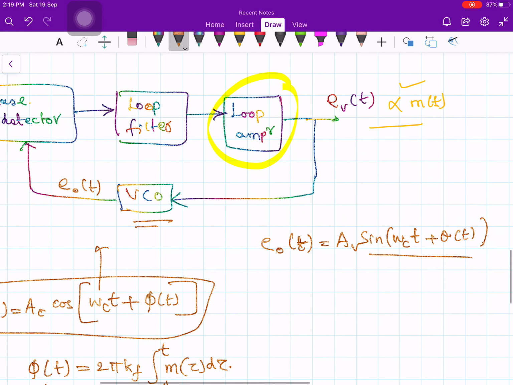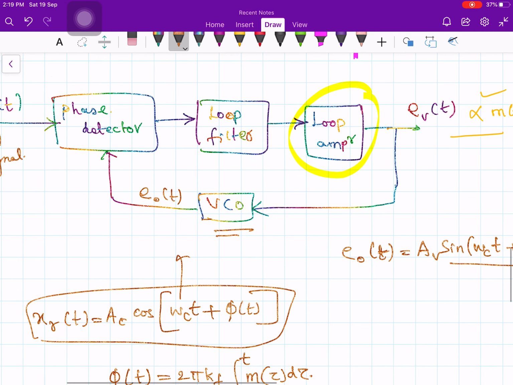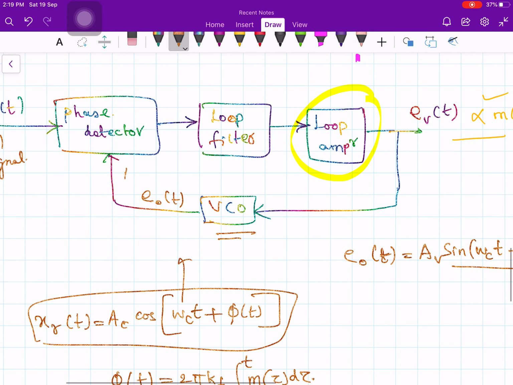Now at my phase detector, let me write down the signals here: AV times sine of omega ct plus theta of t at this point, and AC times cosine of omega ct plus phi of t at the other. I'm sorry, I was writing it wrongly.